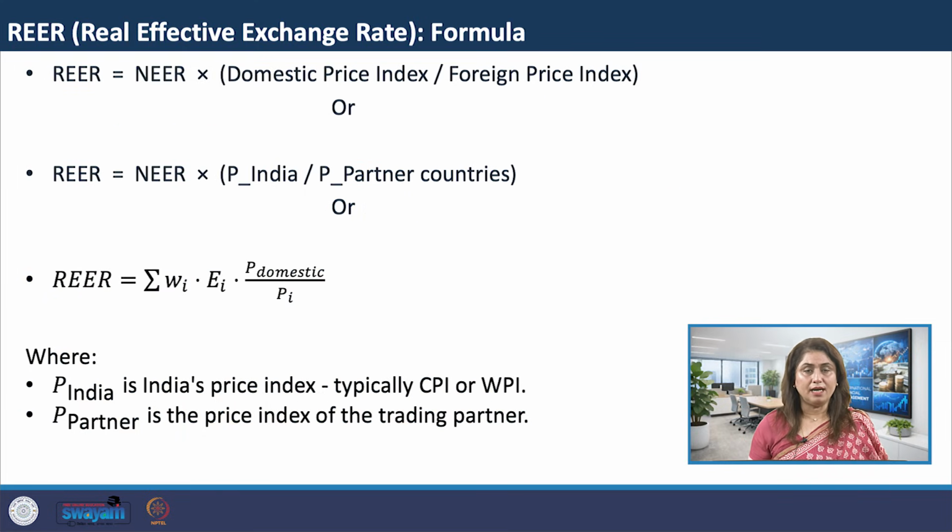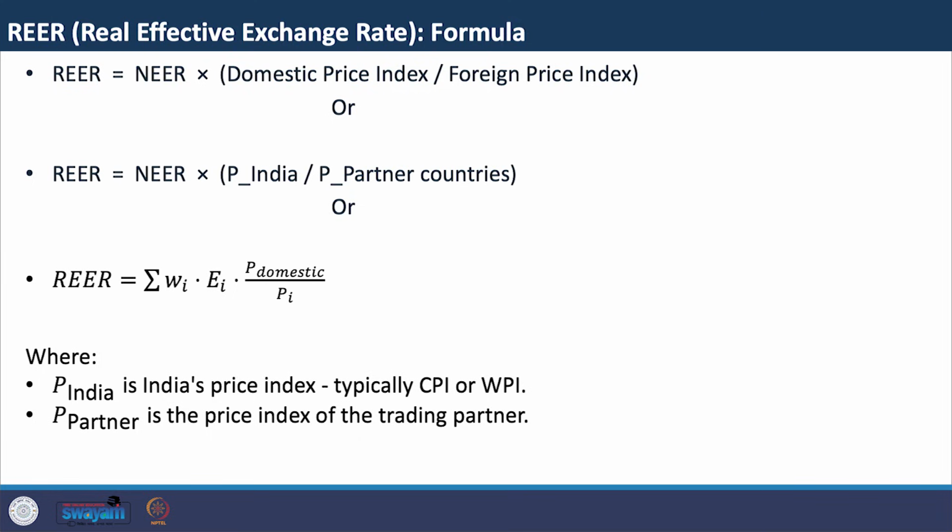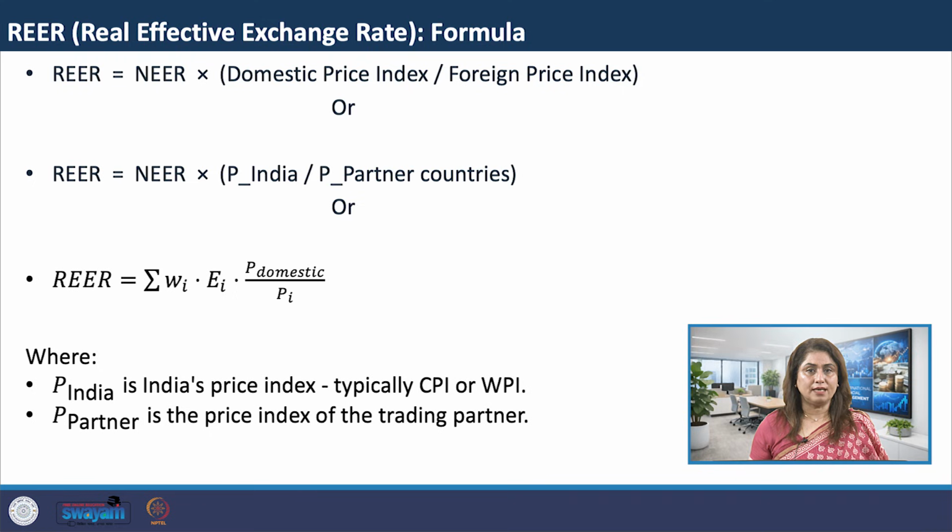The REER formula is a natural extension of NEER, where REER is equal to NEER into price in India divided by price of the trading partner, or in a detailed weighted form, REER is equal to the sum of Wi into Ei into Pi domestic divided by Pi of the foreign partner, where P India is India's price index, typically CPI or WPI.